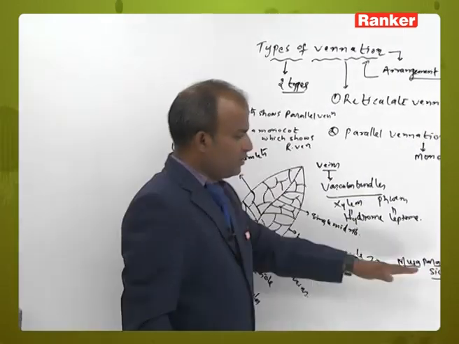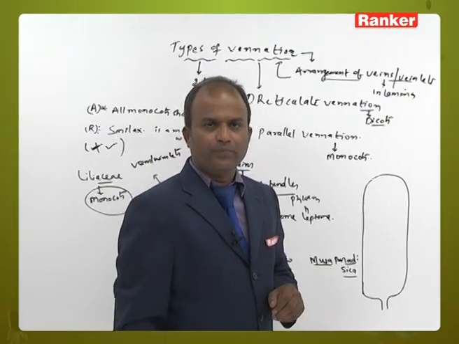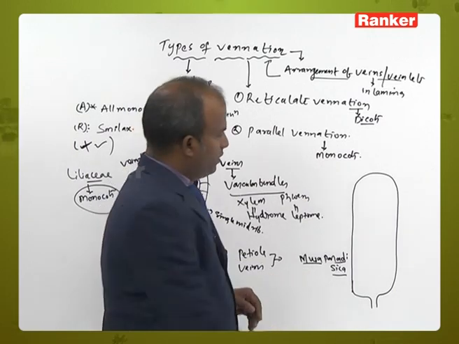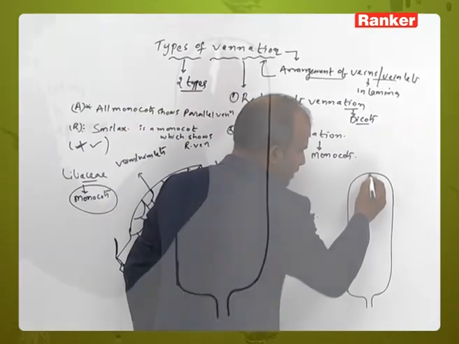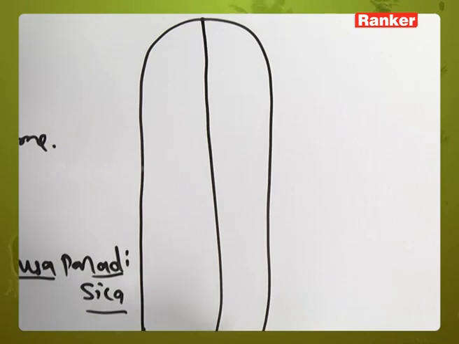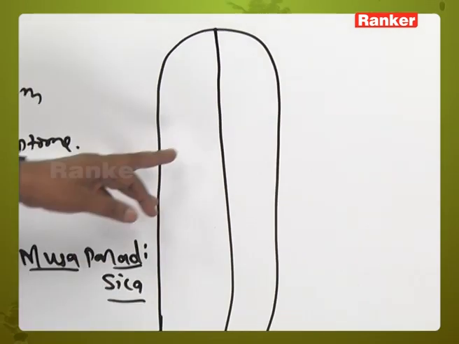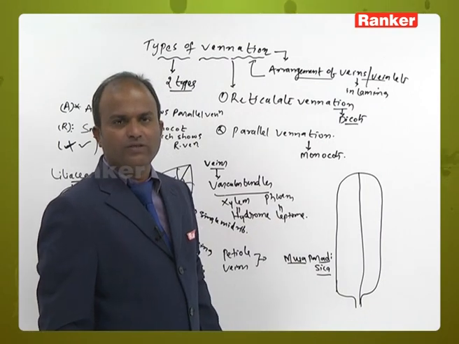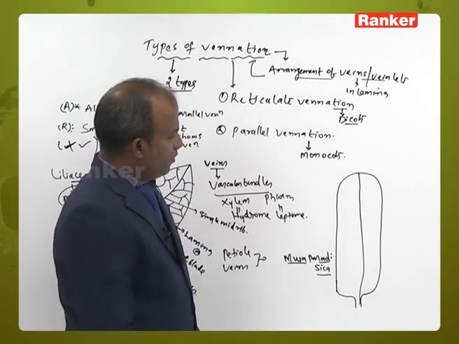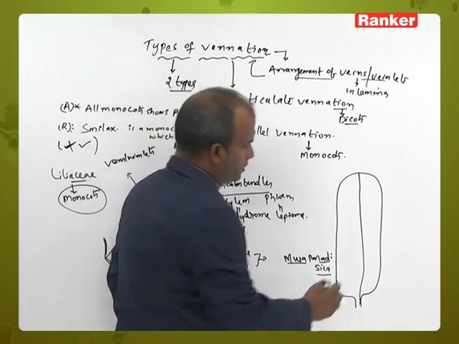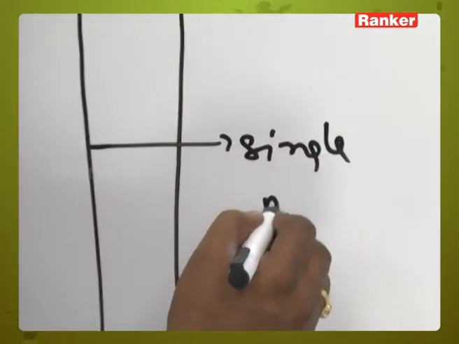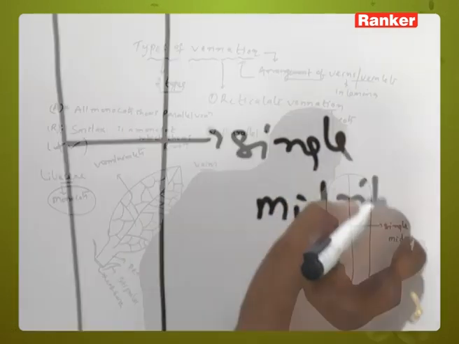And next, in this Musa paradisica, a single midvein arises from the leaf base towards the leaf apex. This is the single midrib.